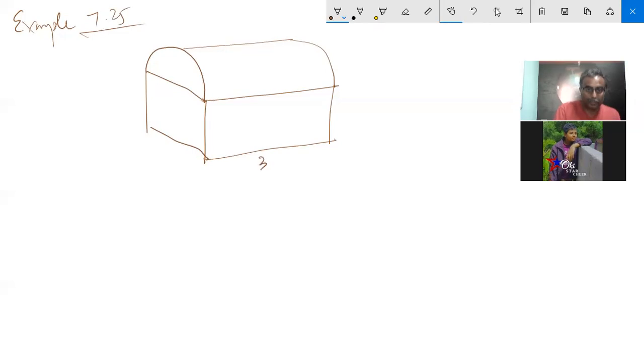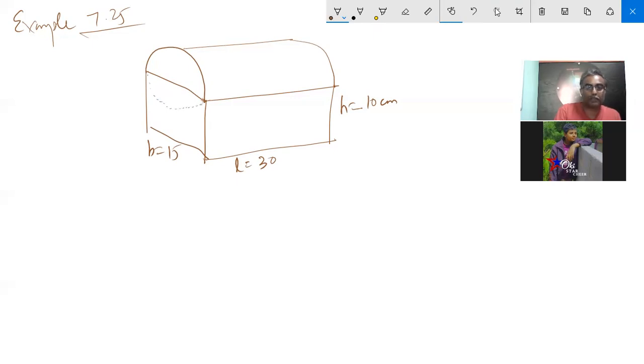Cuboid shape: l is equal to 30, breadth is equal to 15, then height is equal to 10 centimeter, surmounted by a half part of a cylinder as shown. This is half of the cylinder, that means full cylinder will be like this.